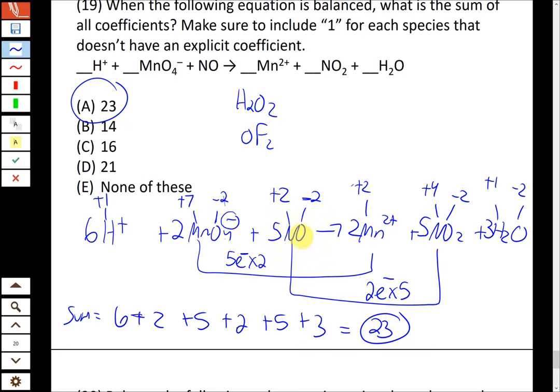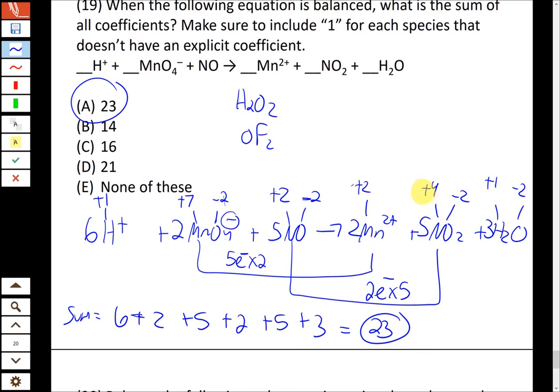And then for NO, if oxygen is -2, nitrogen and oxygen have to add up to 0 in that case. So 2 and -2 would be 0, so that makes +2 for nitrogen. And then for NO2, we did that one in the last one, but reiterating it, oxygen will be -2 in covalent compounds. So 2 -2s is a -4. They need to add up to 0, so that means nitrogen has to be +4.